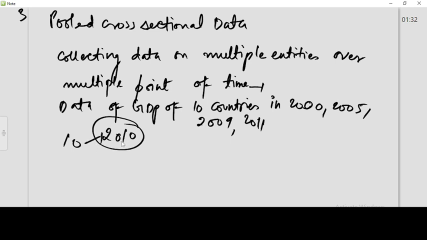Now, suppose the UN brings up a policy wherein it tries to control the fertility rates by providing free contraceptives in all these 10 countries. We will check what was the impact of this policy, and we'll reanalyze the fertility rates, suppose in 2015. So over the period of 5 years, how this policy has performed can also be checked through the pooled cross sectional data. Okay, so this was about pooled cross sectional data.